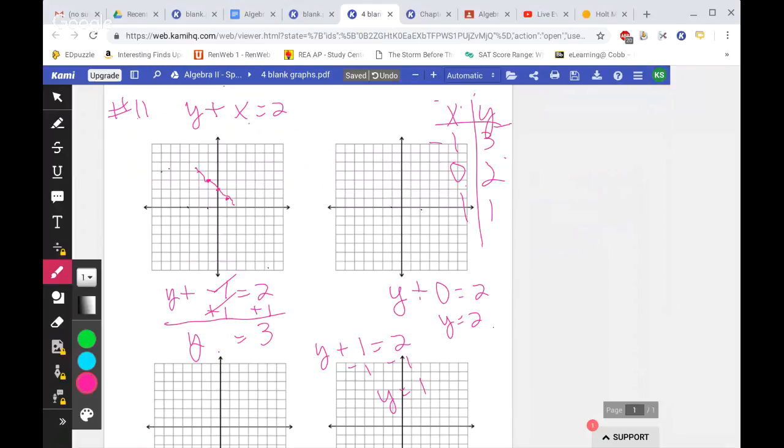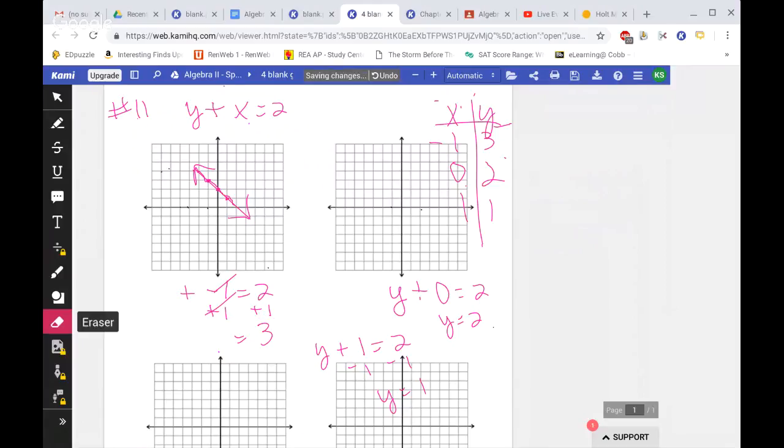Well, and then you're supposed to get a straight line. When Miss Sparks draws it, it isn't always that. But anyway, so basically this is another way to graph an equation by using an XY table and plugging in values. So that's what we've done there.